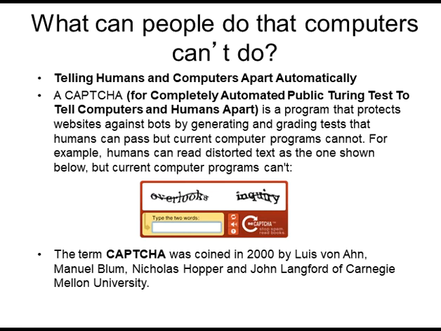Computers cannot detect that, but we can. The term CAPTCHA was coined in 2000 by Luis von Ahn, Manuel Blum, Nicholas Hopper and John Langford of Carnegie Mellon University to describe this process. And a lot of websites, particularly websites that deal with financial matters like a banking system, will give you tests of some sort that only humans can perform and computers and artificial intelligence cannot.